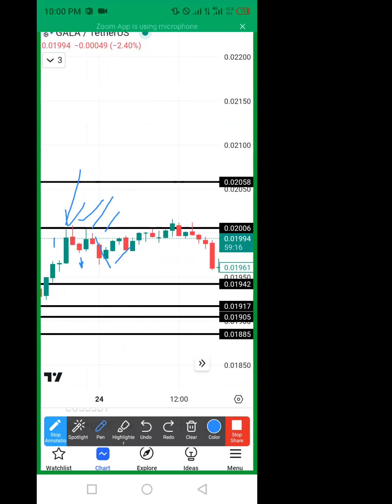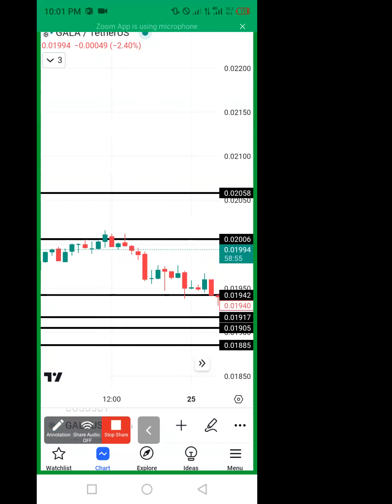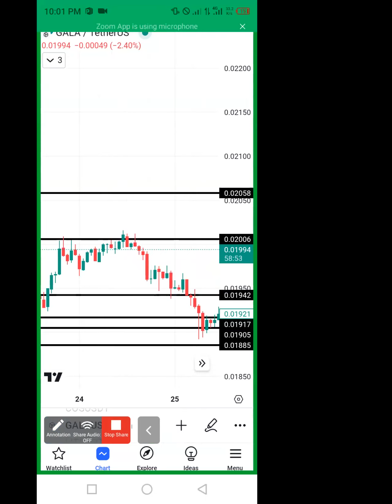In just a few hours, we are seeing over 8 candles ending in one place. There is this red one, this green one, another green. It tried to surpass the line, but again it was pushed, until the sellers made the market drop down.